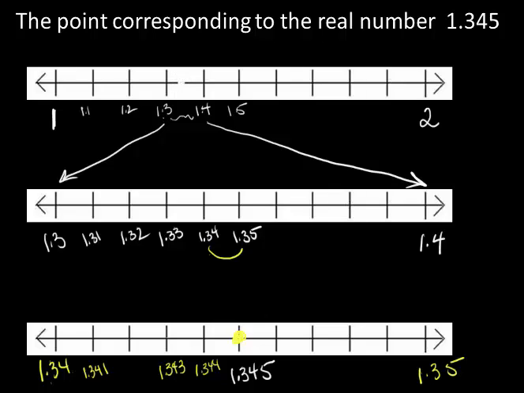But again, we can't say exactly. So the point would be approximately here, and we would have seen that to begin with. But if you keep zooming in and zooming in, you can make it more exact.